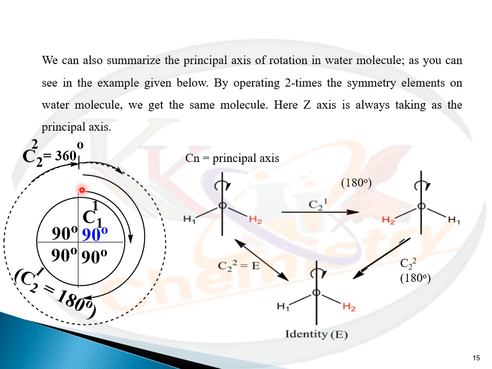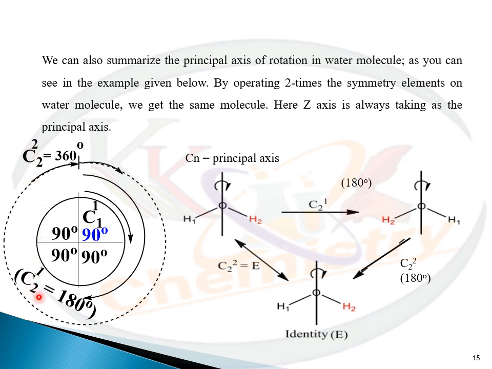Now you can see this circle. If we rotate a molecule by 180, we call it C2-1. If a molecule is rotated by 360, we call it C2-2.